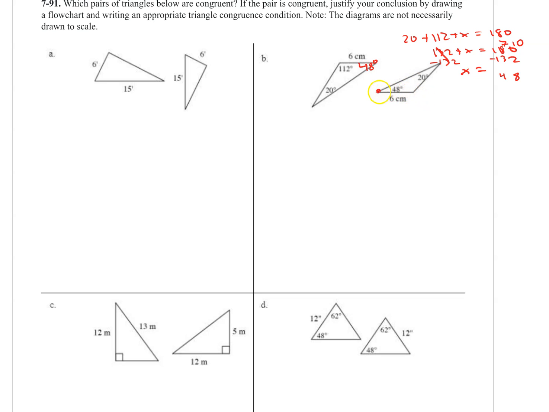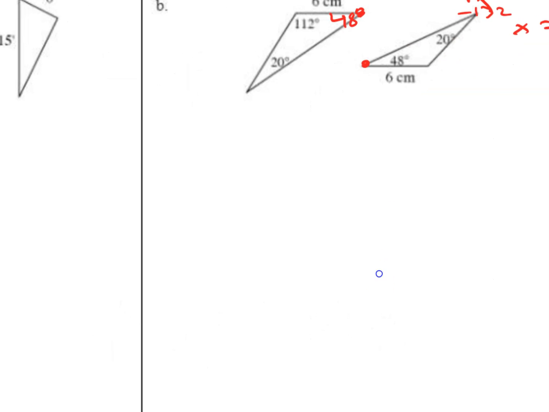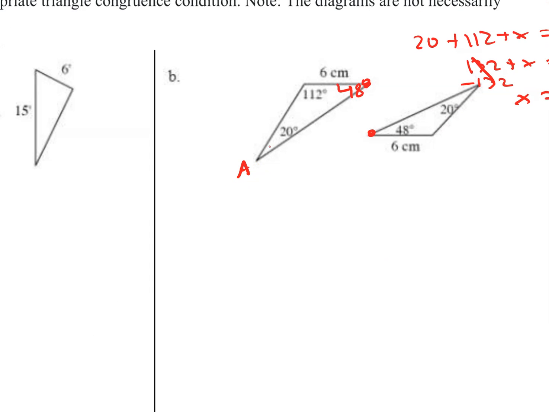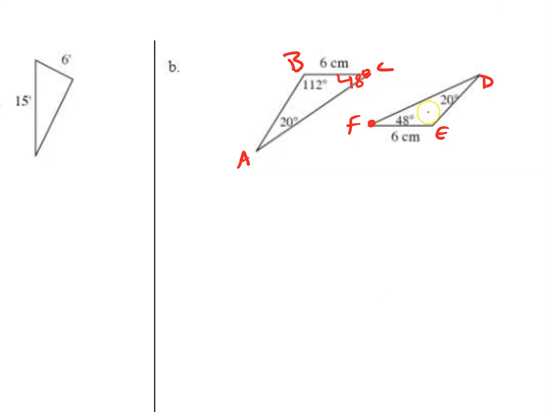So right away, these two angles are going to match. Since they're not labeled, let me call this ABC, and then let me call this DEF. These two angles correspond to each other. Measure of angle F equals 48.